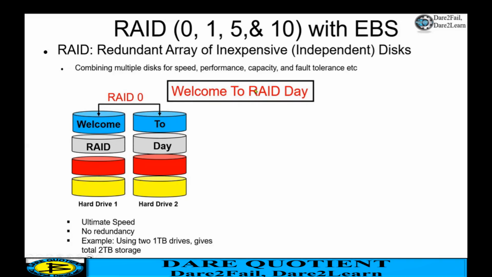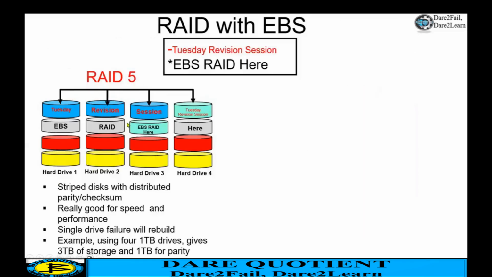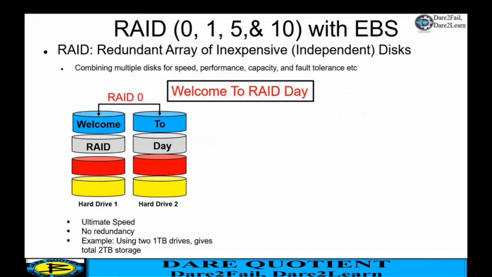The very common RAID types we have are RAID 0, RAID 1, RAID 5, and RAID 10. So it's just combining different EBS volumes for speed, performance, capacity, and fault tolerance.